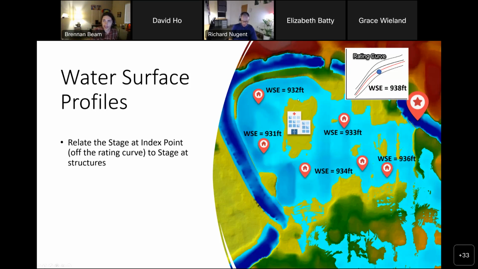So what this is saying is when the rating curve is at 938 feet, I've extracted data from all of these structure points that say, okay, this structure is actually 932 feet when this is 938. And this one's 933. And so when I go to calculate damage at the structure, I have a relationship between the aggregated representation of that rating curve and the actual depth at each of those individual structures.